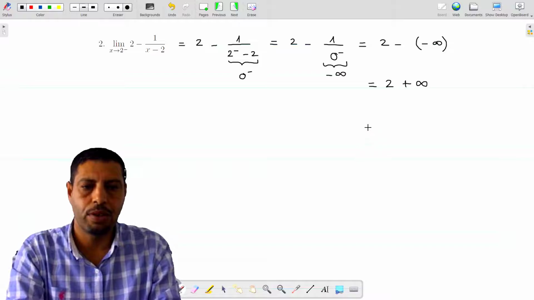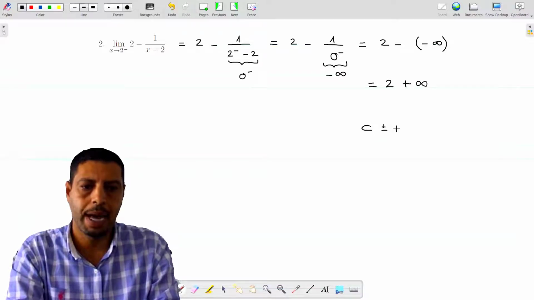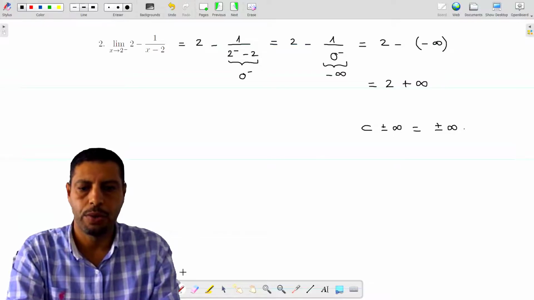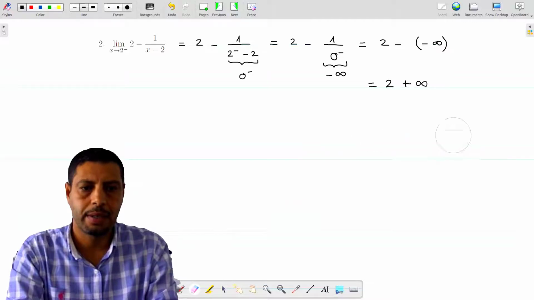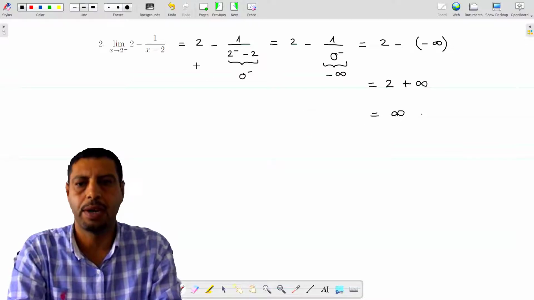You have to keep in mind also that any constant plus or minus infinity is equal to plus or minus infinity. The constant has no effect on infinity, okay? So we conclude that our 2 plus infinity here gives infinity. So our limit is infinity.